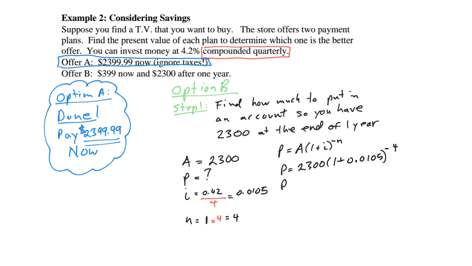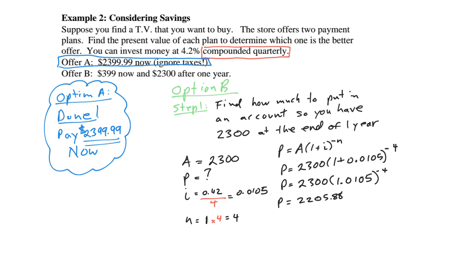That simplifies to P is equal to 2300 times 1.0105 raised to the negative 4, which makes our calculations easier on our calculator. Punch that in your calculator, and you're going to get approximately P is equal to $2,205.88.